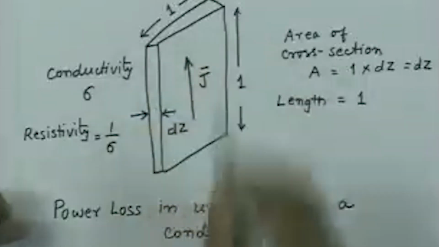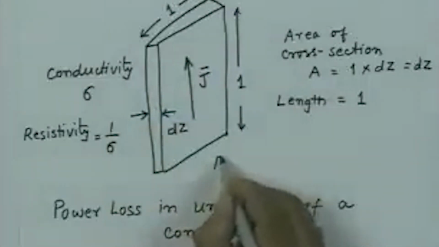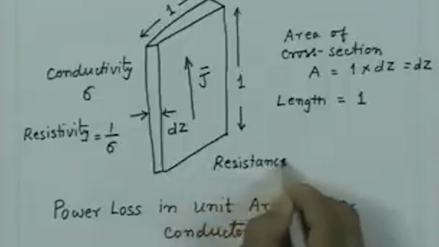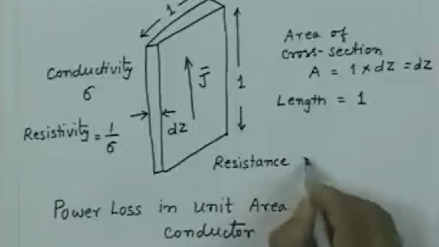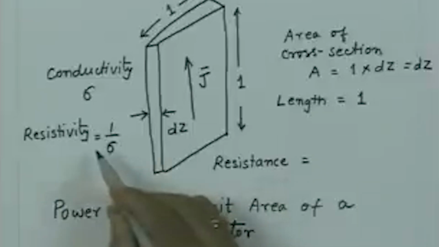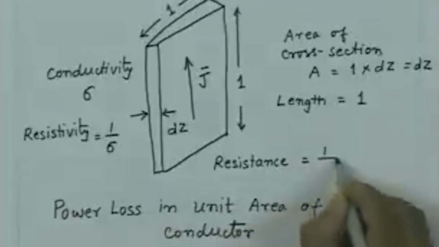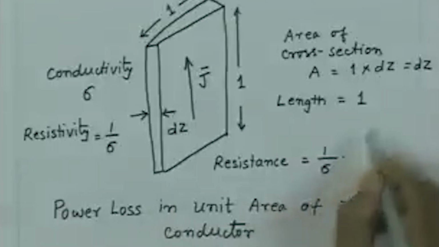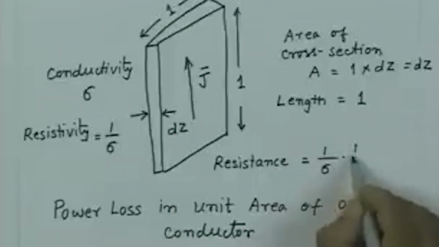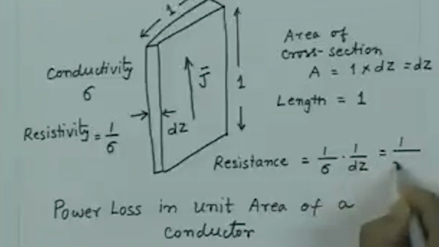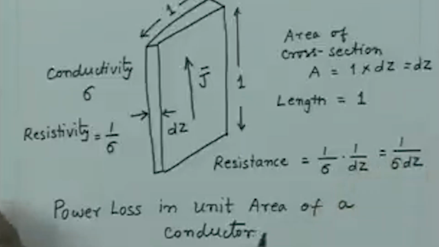So the resistance of this slab is the resistivity multiplied by length divided by area of cross section. So it is 1 upon sigma into 1 upon dz, so 1 upon sigma dz.